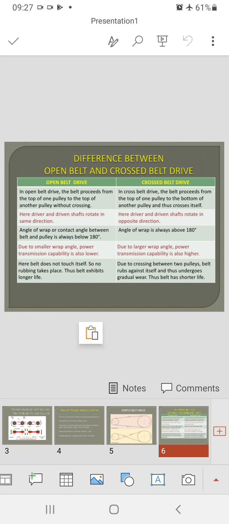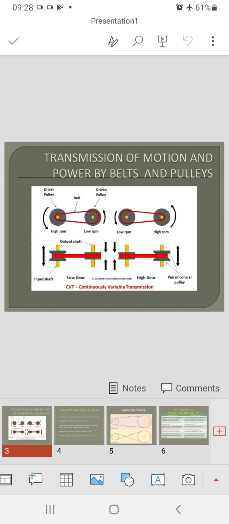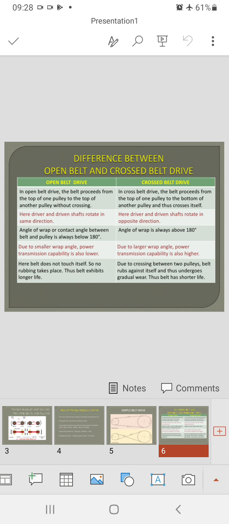The angle of wrap means the contact of the belt with the pulleys. The angle of wrap is always below 180 degrees in the open belt drive, and it is always above 180 degrees in the cross belt drive. Due to the smaller wrap angle, the power transmission is also low in the open belt drive, and it is high in the cross belt drive.